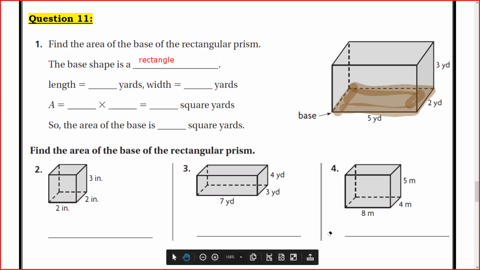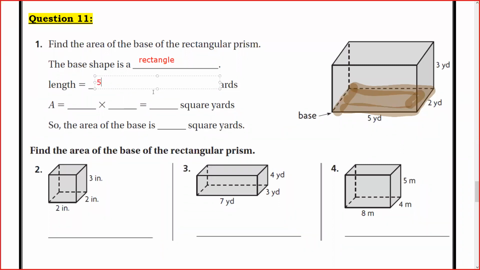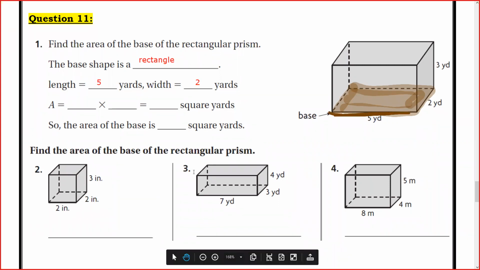Now, what's the length of the base here? 5. Yeah. And what's the width? 2. Good job. So this is the length, and this is the width. So what's the area?